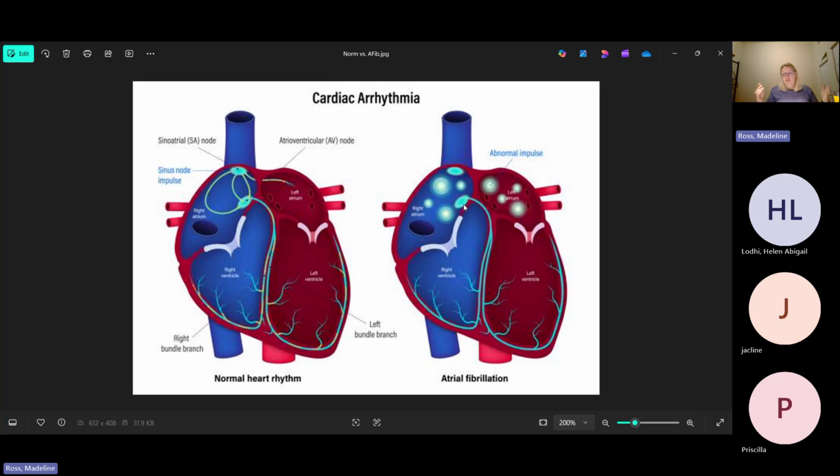I don't know if that was a helpful example, but the atria end up shaking instead of pumping, which sounds really weird, but that's the idea of fibrillation. It fibrillates instead of contracts.